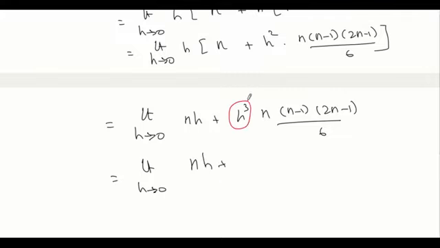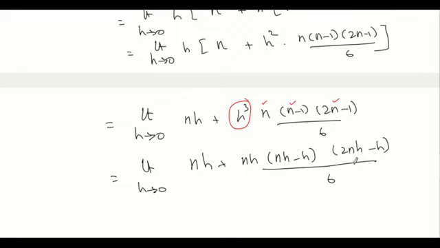This is actually h cube. Here I can multiply inside: one h to n, another h to n minus 1, and the last h with the 2n minus 1. Okay, like that I do. So that means nh, here nh minus h, then 2nh minus h, divided by 6.